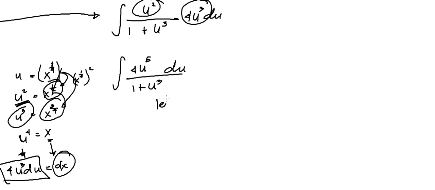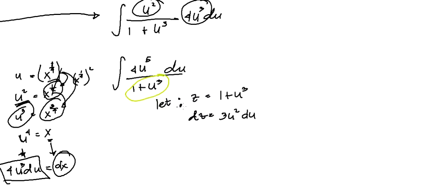Say let's let, once again, another variable, say z, be equal to our denominator, so we have z equals 1 plus u cubed. The derivative of this is 3u squared du.